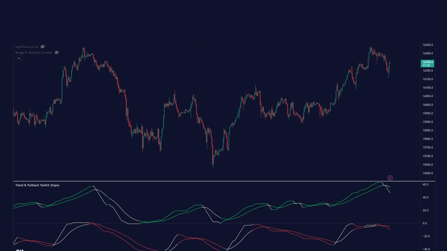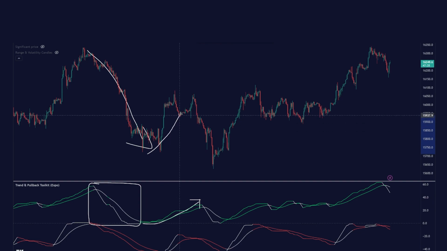Let's have a look at the upper line, which works like this. When the green line becomes white, that is a sign of a negative impulse, followed by a positive move. And then the green line turned white again. That is a sign of a negative impulse followed by a positive move.